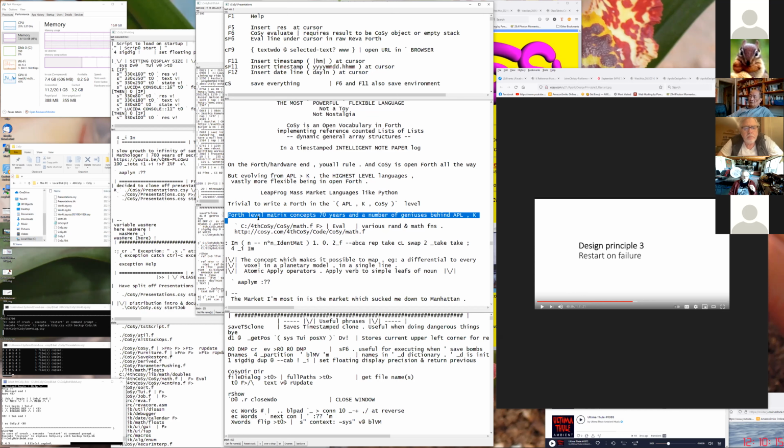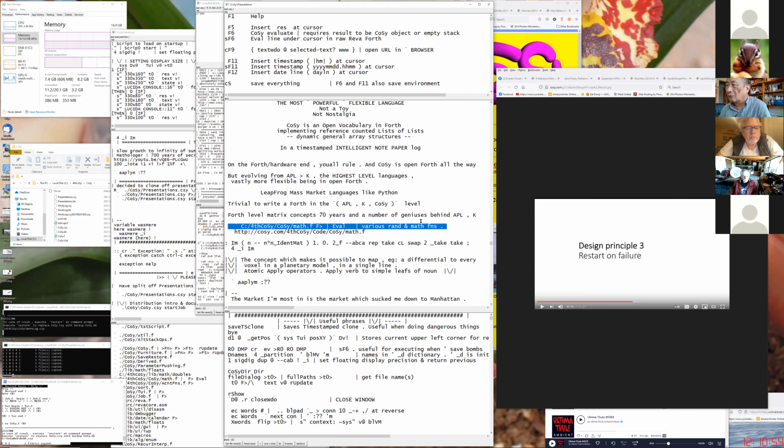The Forth level matrix concepts are, I'll be blunt, there are 70 years and a number of geniuses behind APL and K, which have evolved from the notation, first via Ken Iverson's brilliant generalizations and linearizations of the notation for array algebra, and then Arthur Whitney simplifying that to lists of lists, which John Backus in his Turing Award speech years ago pointed out.